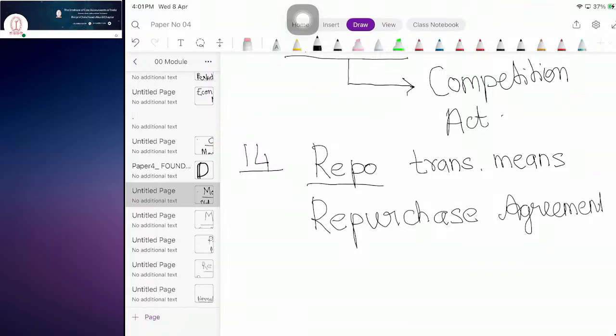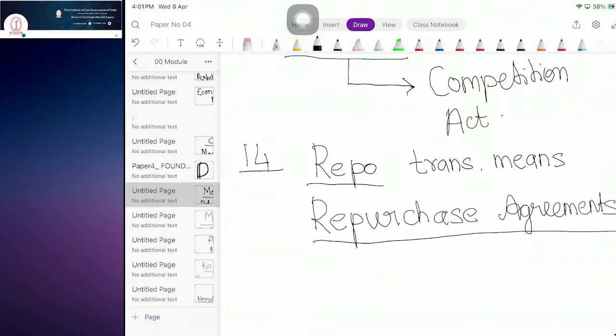Generally repo transactions in India are between the central bank, RBI, and the commercial banks. RBI buys or takes government securities from commercial banks, gives them a loan, and after a few days, at most 14 days, the commercial banks will repurchase their securities sold to RBI earlier.